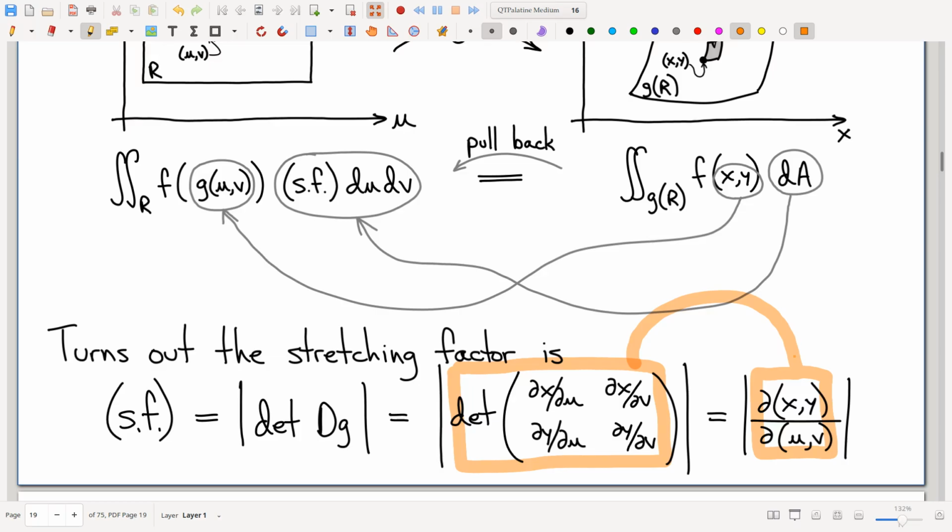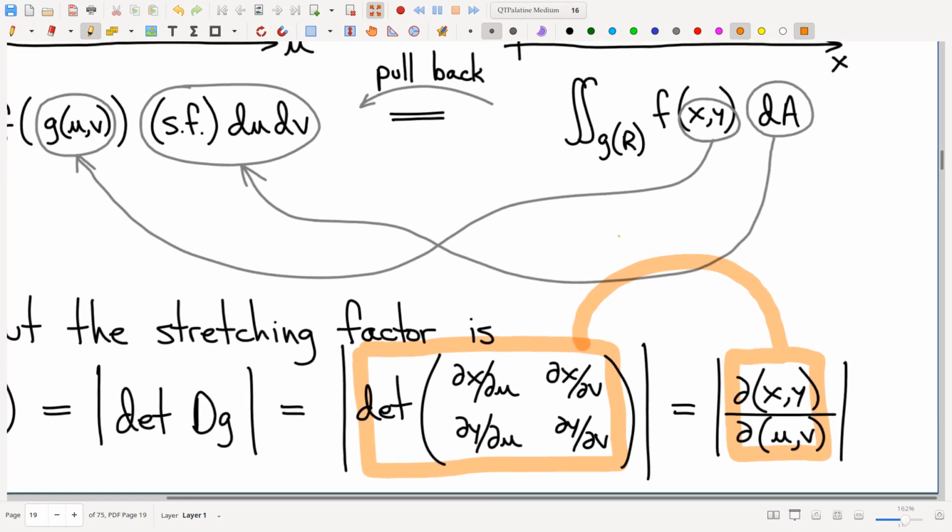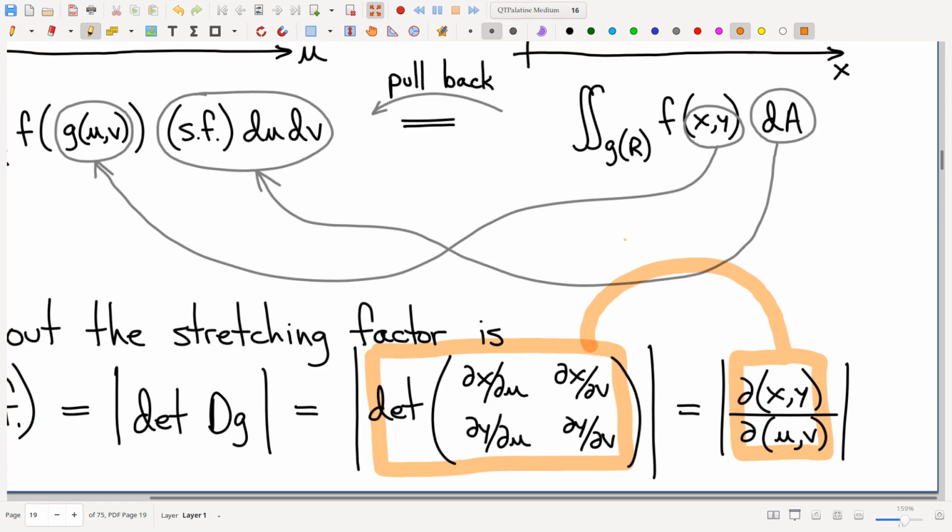Okay, one of those examples comes up very immediately. If I look at, let's see here. Okay, so let's think about this dA. This represents area in the xy plane. I'm going to call that dx dy. When we do integrals, usually we write the dA as dx dy. du dv, of course, we're looking at over here.